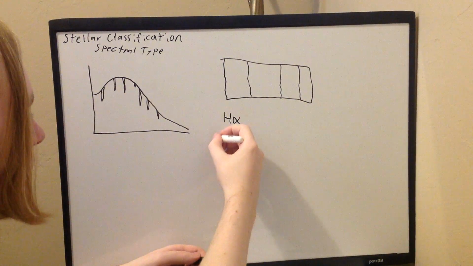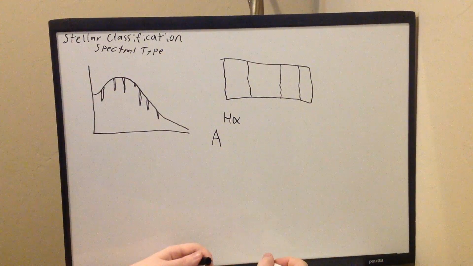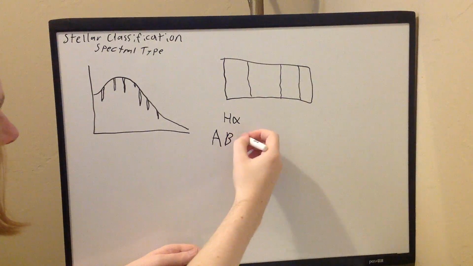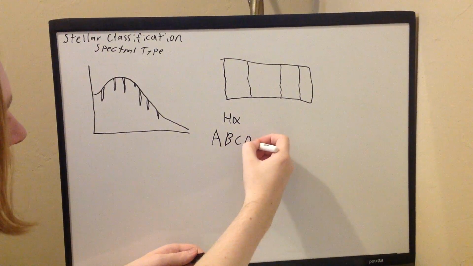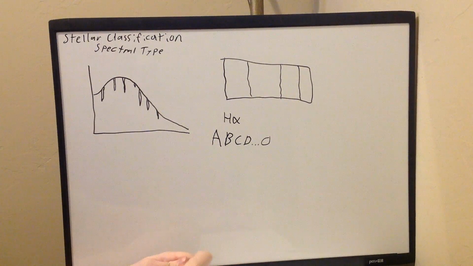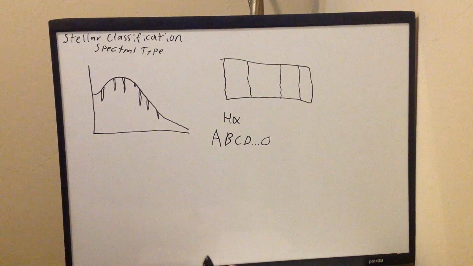He said that the stars that had the strongest or deepest hydrogen alpha line were type A, and then the second strongest type were B, C, D, and so on down to, I believe, O, were the categories that he came up with. And this was used for a while as a way of classifying stars.